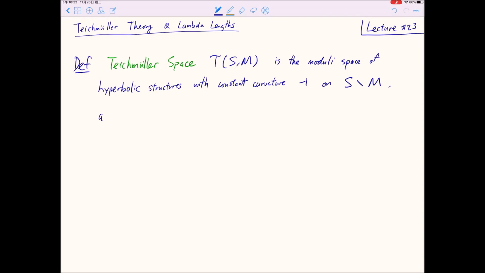And we require that the boundary components are geodesics. So the boundary removing the marked points will be some components of the boundary, and we require these to also be geodesics, the curves of shortest length under this hyperbolic metric.